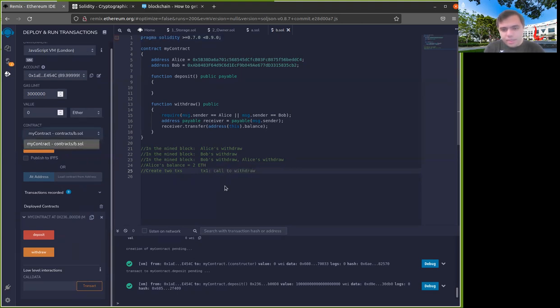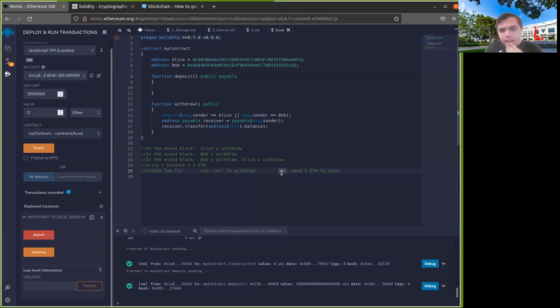And then my second transaction just says send 5 Ether to some miner.